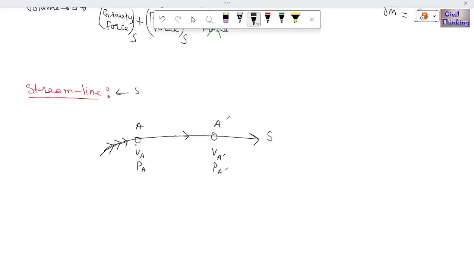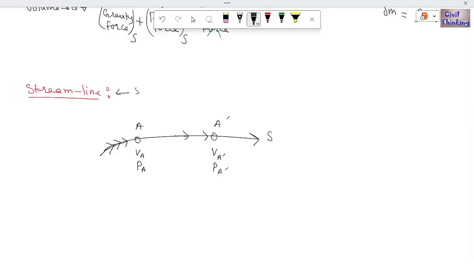So irrespective of the time, and however many particles entered, irrespective of the count, whenever a particle is at A, it will have the same velocity.